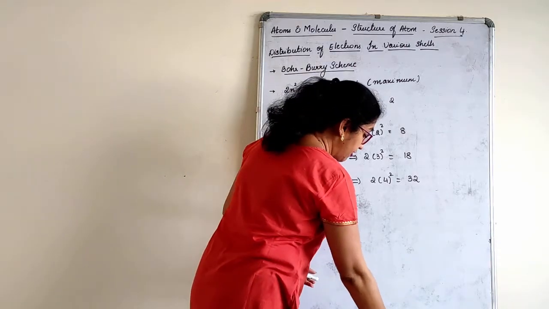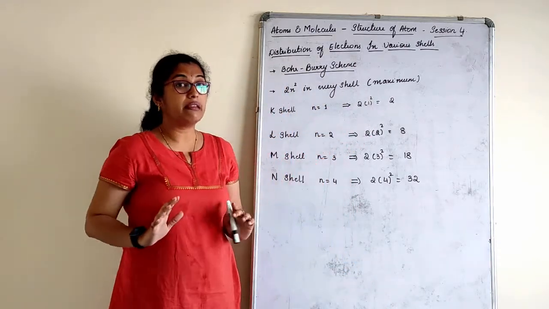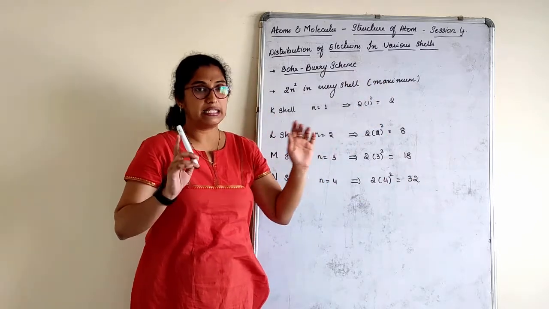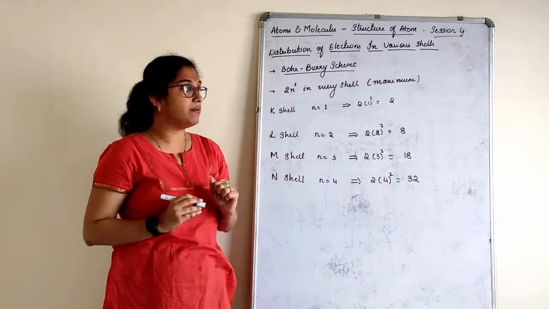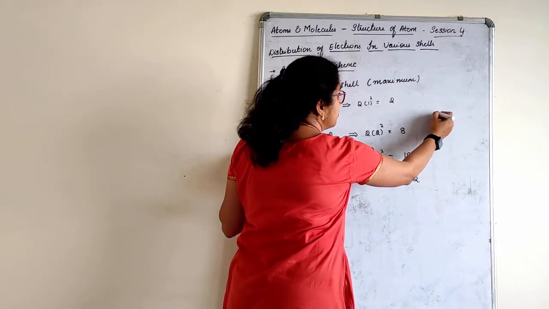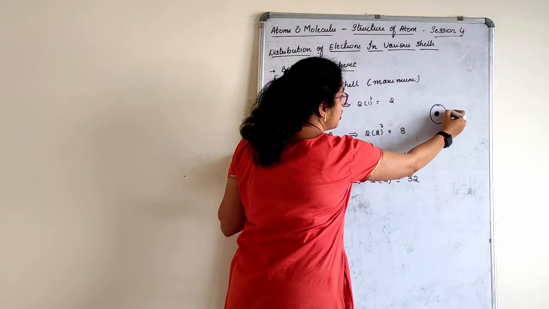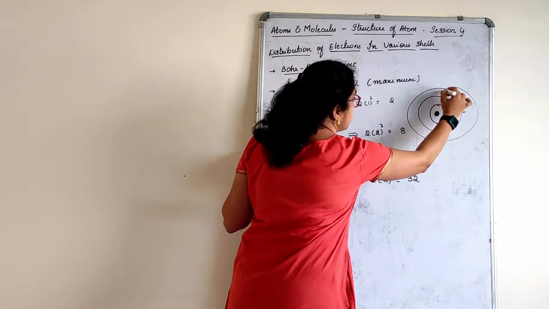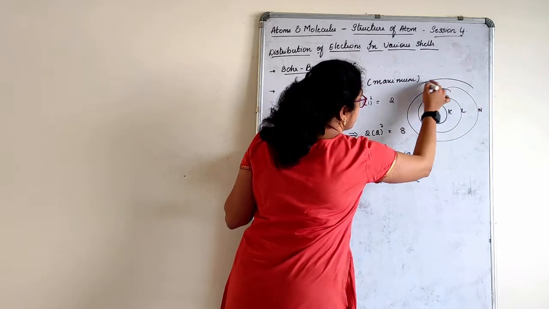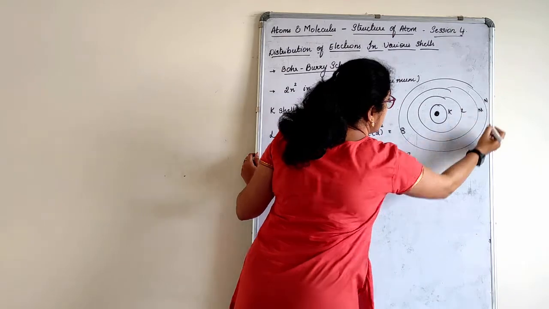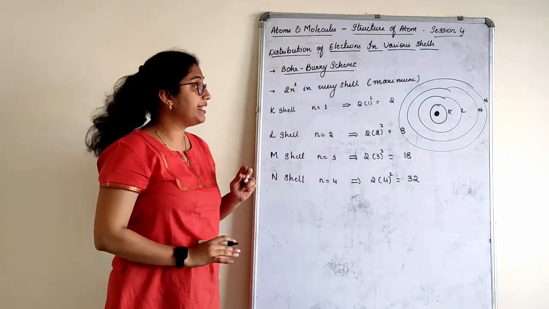See, the writing part, if I just read this, nothing will be understood. But what is this? This is a seating arrangement, you think how electrons will move. Now, suppose this is the nucleus, so this is my K shell, L shell, M shell, N shell, right?